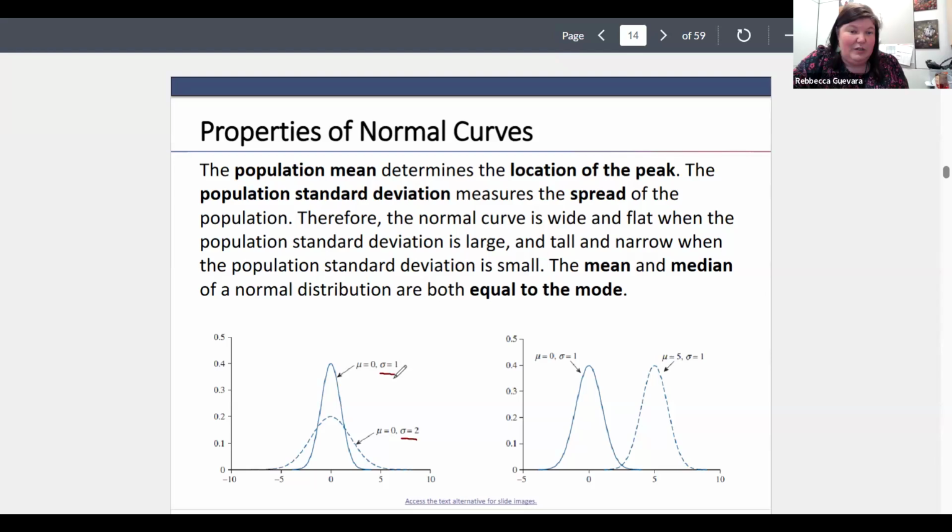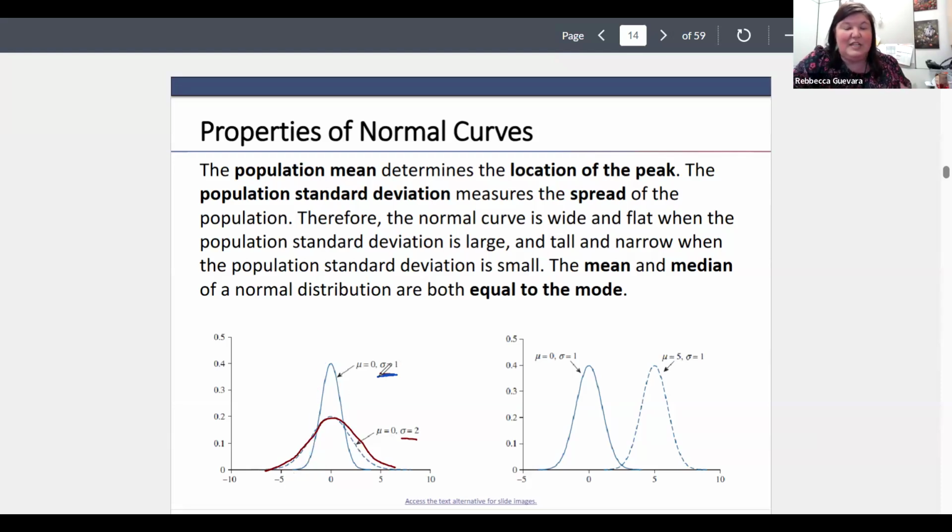This one is 2. So my standard normal curve is short and wide. The opposite happens as well: it will be tall and narrow when the population standard deviation is small. This one has a smaller one, and as we see, it's much taller.